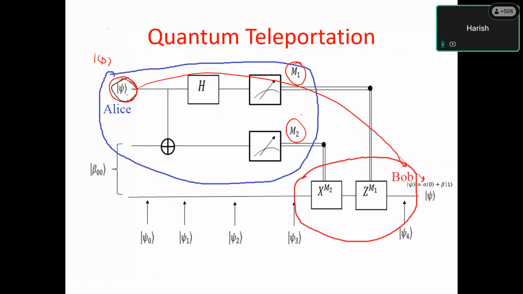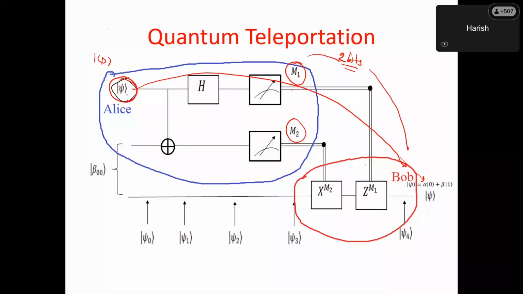These 2 classical bits, M1 and M2, drive some measurement operations that are able to recreate the psi state at Bob's side. So here 2 bits of information are sent to get a single qubit state at Bob.